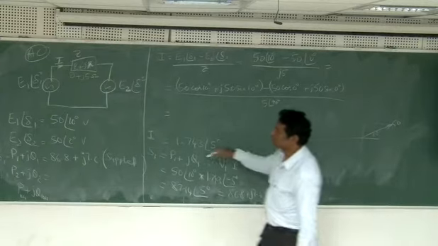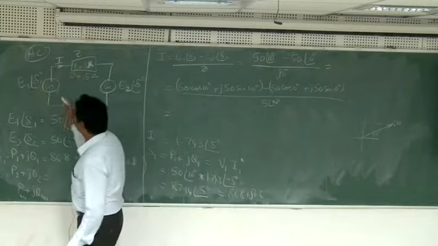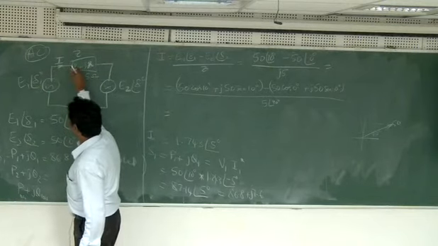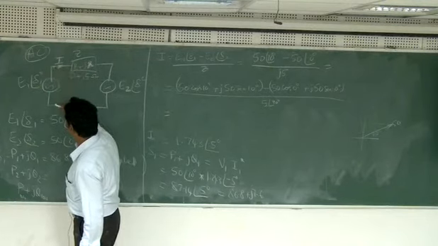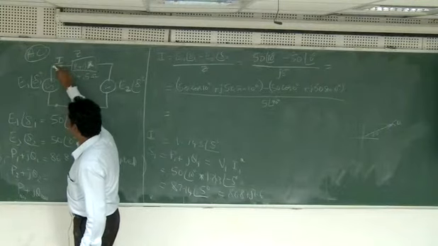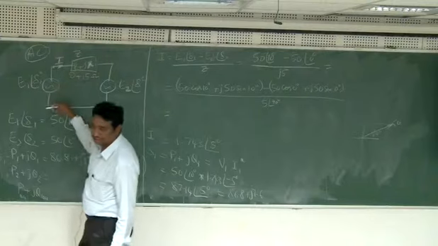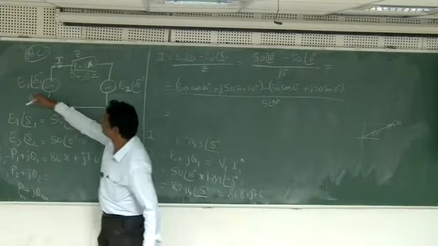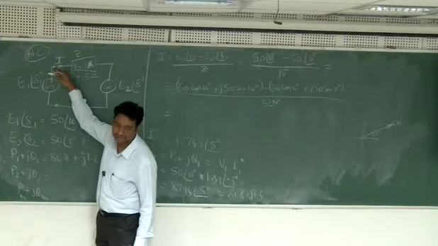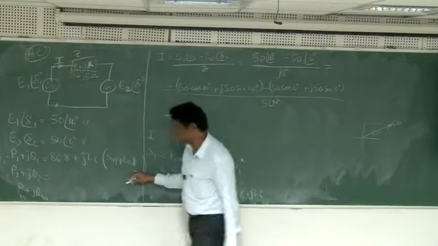Notice this part of the circuit. The current is leaving this terminal. If I take these two terminals A and B, the current is leaving this and the voltage is E1. Then I am taking E1 into I star, so the concept is supplied.